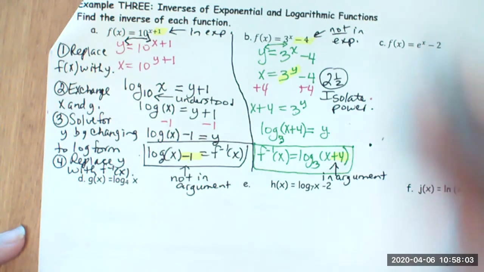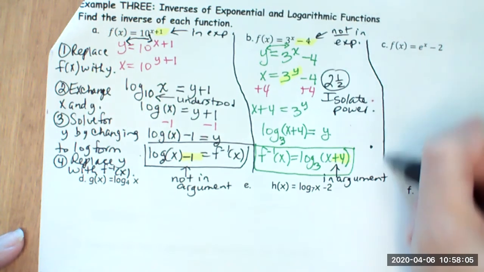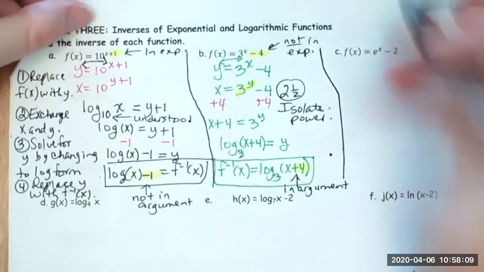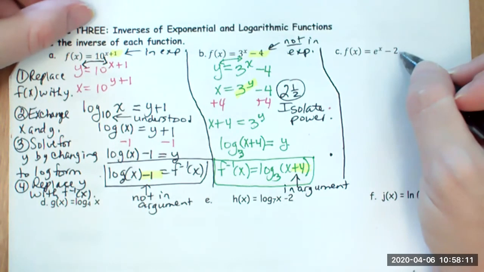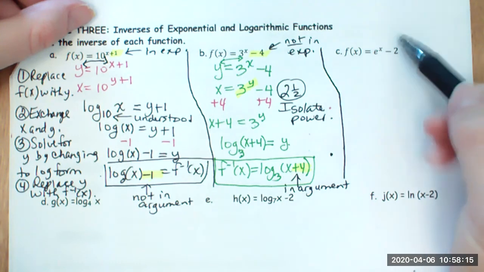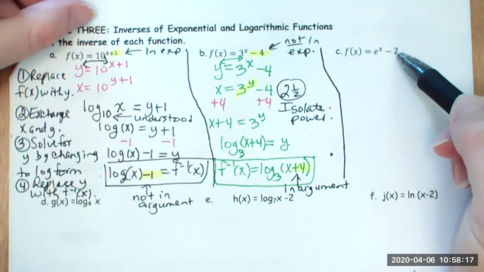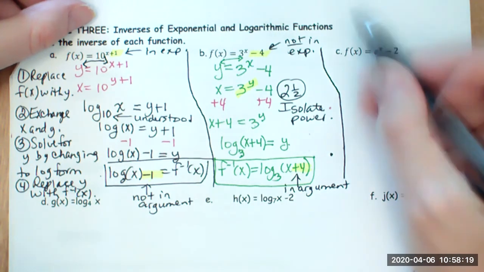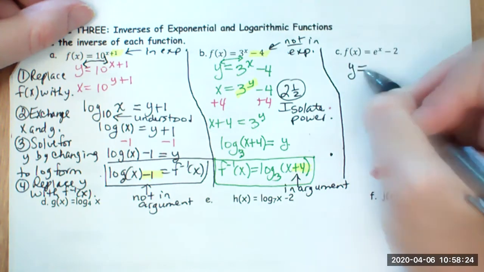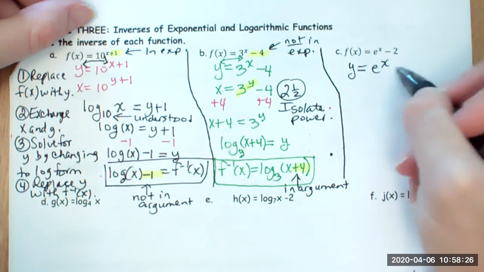Okay, let's look at another example. You've got f of x equals e to the x minus 2, very similar to this situation here. Again, the k value is not in the exponent. Let's replace f of x with y. So we've got y equals e to the x minus 2.